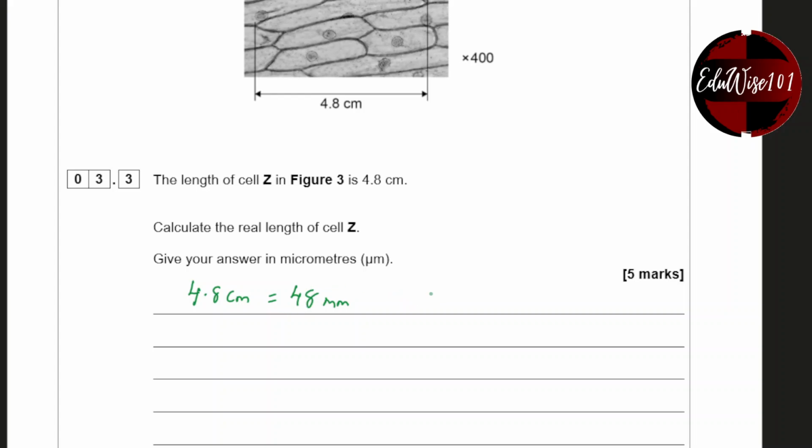Now remember, 1 millimeter is equal to 1,000 micrometers. So if I convert this 48 millimeters to micrometers, I just need to multiply it by 1,000. So multiplying that by 1,000 gives me 48,000 micrometers. Now I can use this value in the equation.